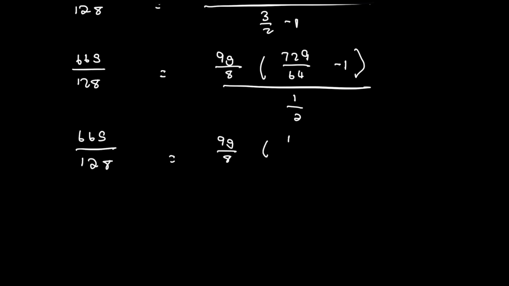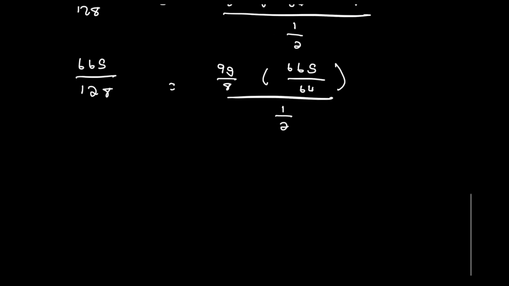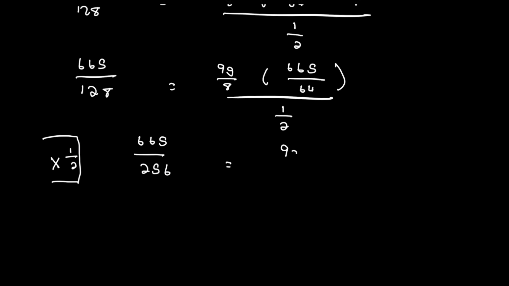So 9G over 8 times this is going to give us 665 over 64 over the half. To get rid of the half, we have to multiply this whole thing by a half, which is going to give us 665 over 256 is equal to 9G over 8 multiplied by 665 over 64.